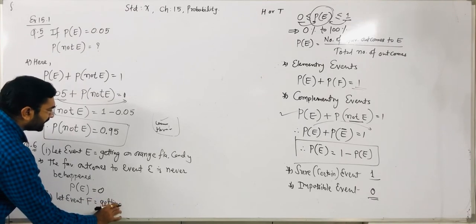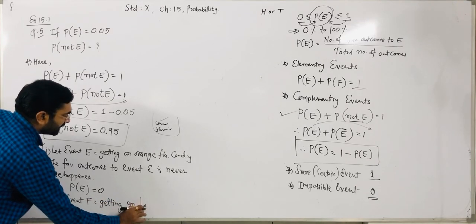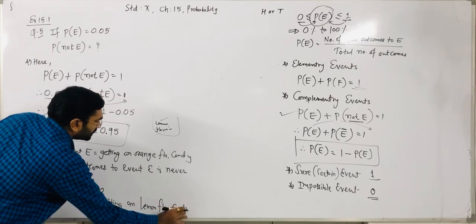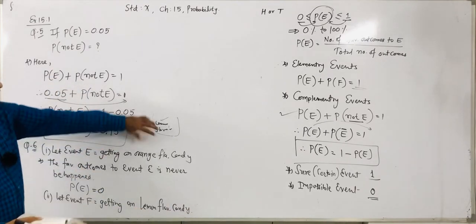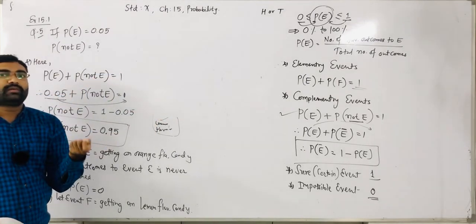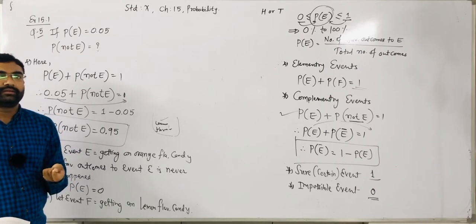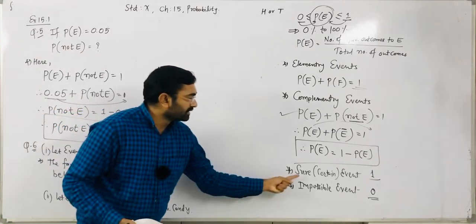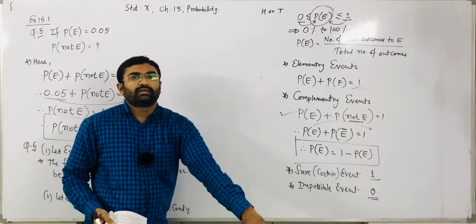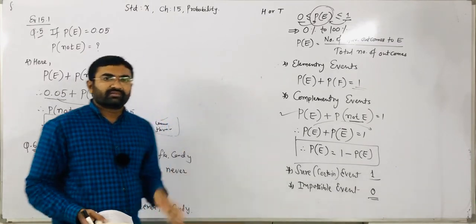We write event F as getting a lemon flavor candy. So what can you say? In the bag all are lemon flavor candies, right? If you take any one candy, you always get a lemon flavor candy. So which type of event is it? It is a sure event, because any candy you get from the bag is always a lemon flavor candy.